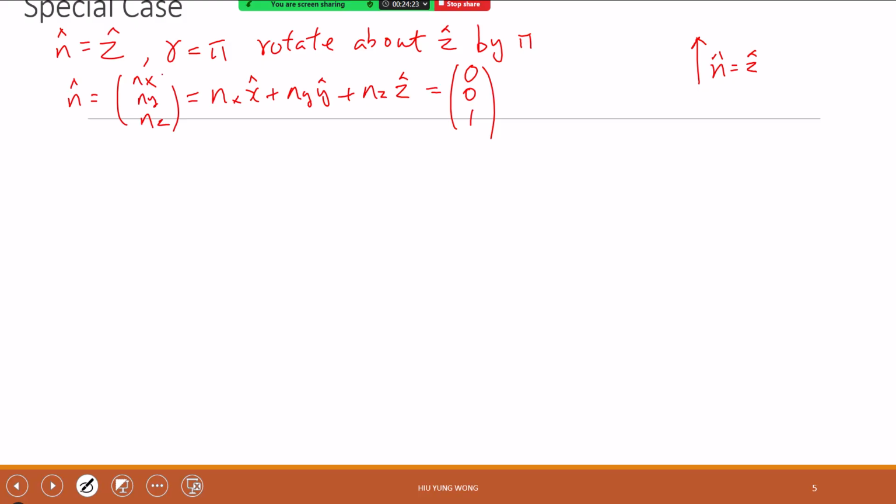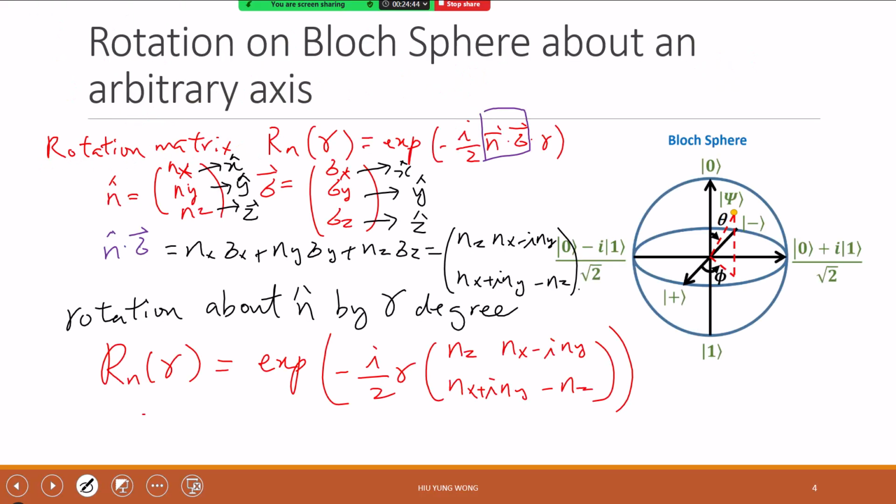And then gamma equals pi. So now I can construct the matrix. R_n is just the general form, the rotation about n for gamma. Now it is rotation about z hat for pi. Then I plug into the equation. Let me remind you what it is.